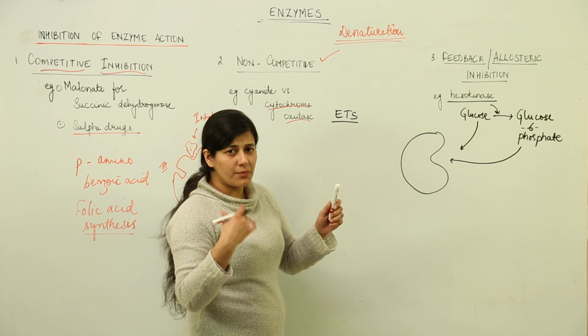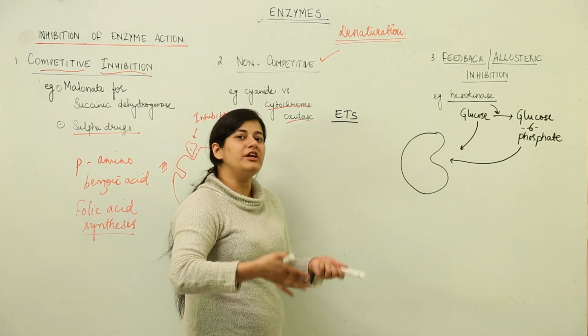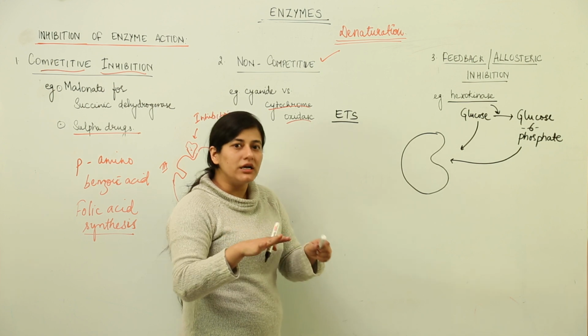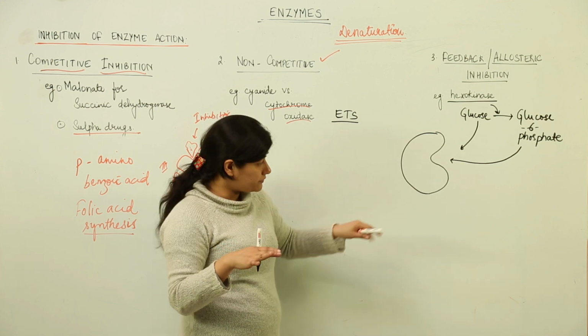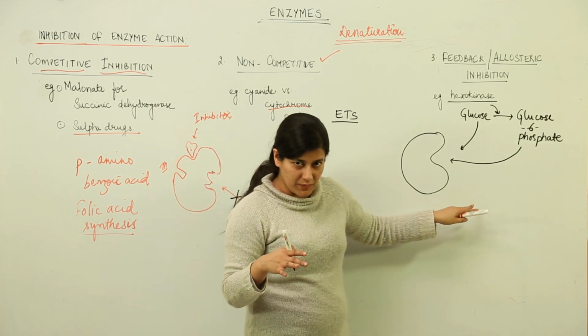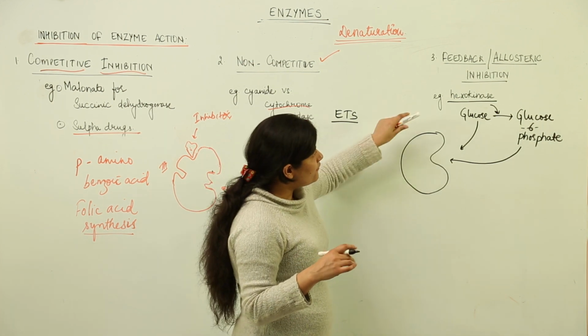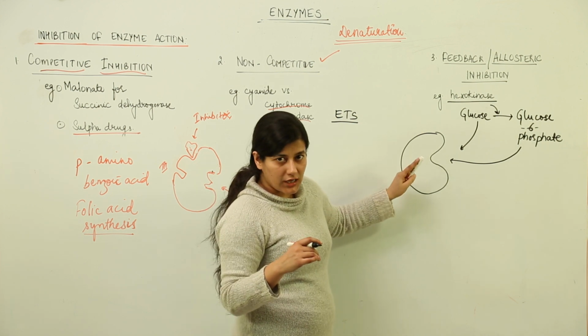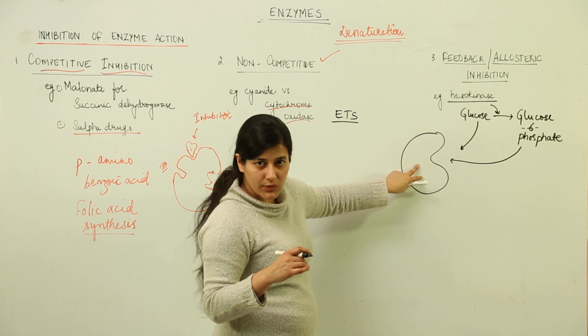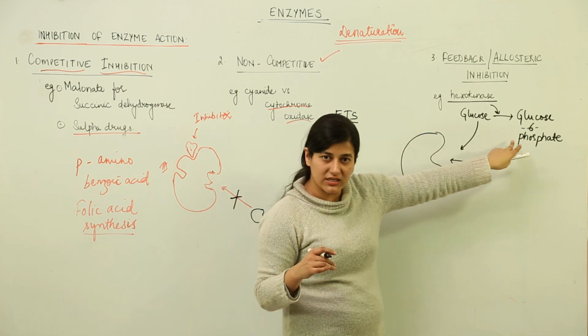Supposedly you are producing some product, the feedback comes that it has been taken positively, now you would stop its production, it has been enough. So that is the feedback being provided. In the same way, in feedback inhibition or allosteric inhibition, glucose combines with hexokinase and gives rise to glucose 6-phosphate.